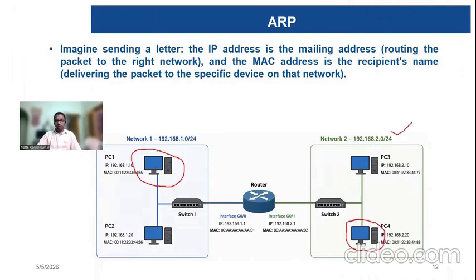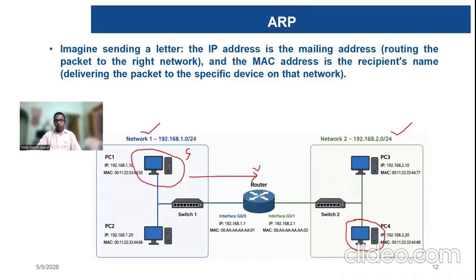This is network 1 and this is network 2. From network 1, we are sending data to network 2. While sending, the source system knows the IP address of the destination, but not the MAC address. Since we only have the IP address, we can send the data only up to its network, up to here.